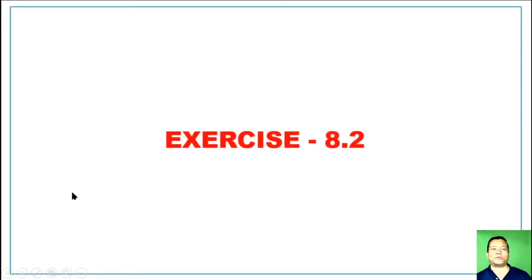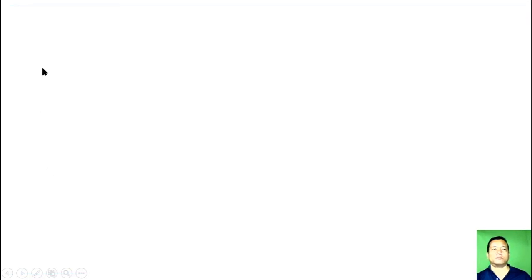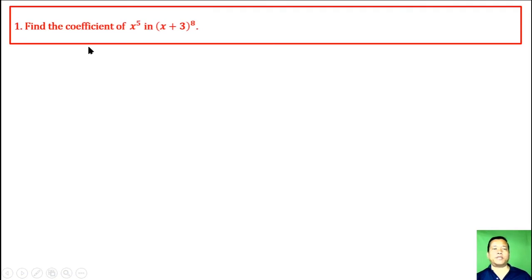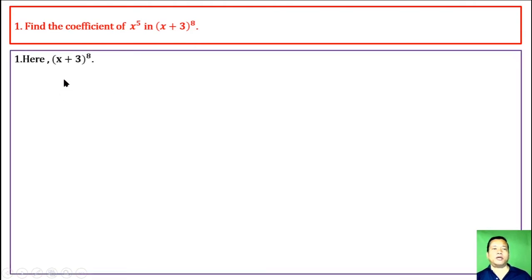Exercise 8.2. Find the coefficient of x to the power 5 in (x + 3) to the power 8. Here, for (x + 3) to the power 8, we have its general term, that is T of r + 1 is 8Cr x to the power 8 minus r into 3 to the power r.